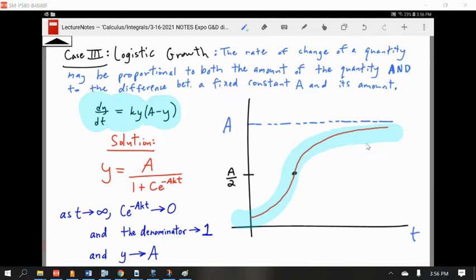So it's a decay problem, but a decay that's been flipped over, reflected. It's an exponential growth curve married to a negative decay curve, like the Newton's law of heating problem. So this is an S curve. Logistic growth is dy/dt equals k times y times (A minus y).